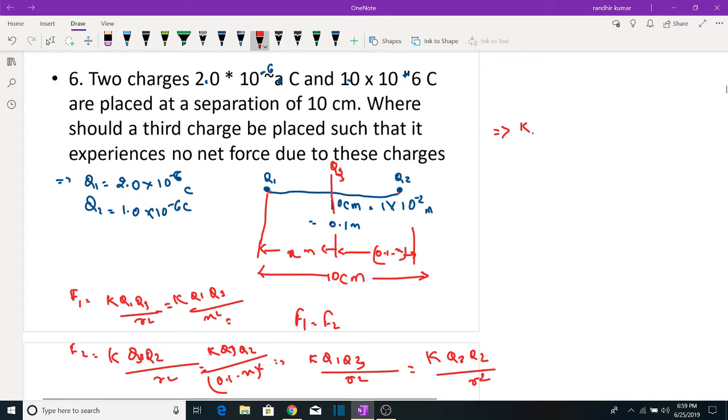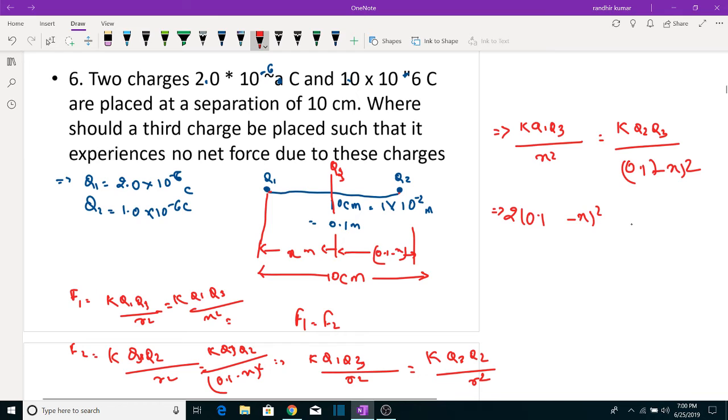Q1 upon x square equals Q2 upon (0.1 minus x) square, so that 2 into (0.1 minus x) square equals x square, or x is equal to 5.86 centimeter. That is the answer. Clear?